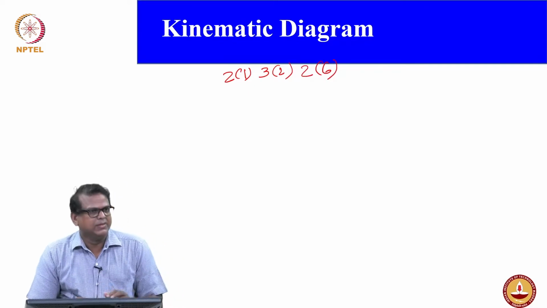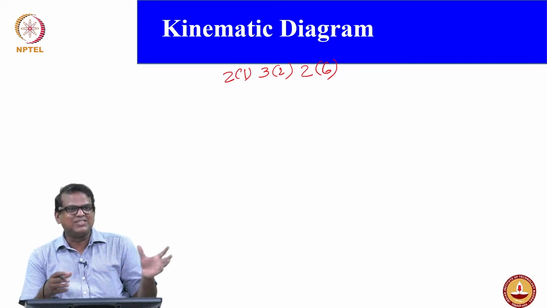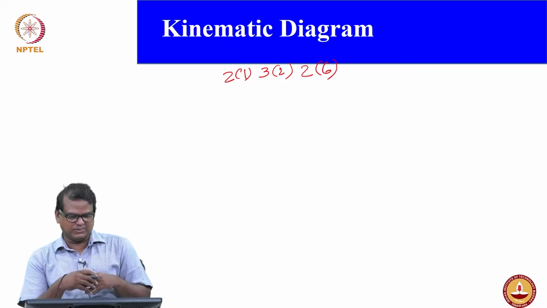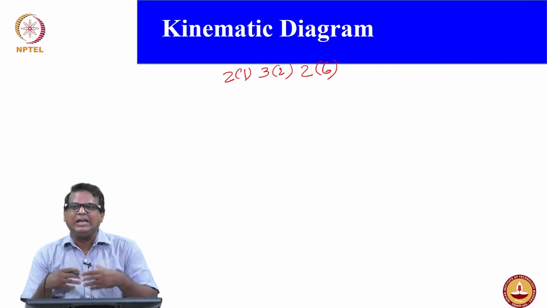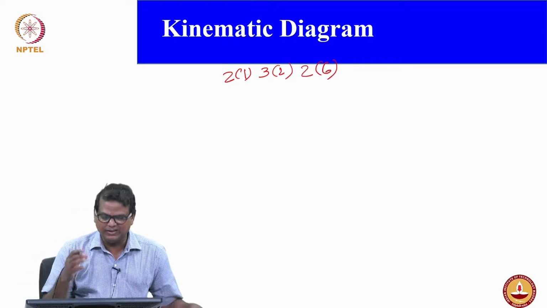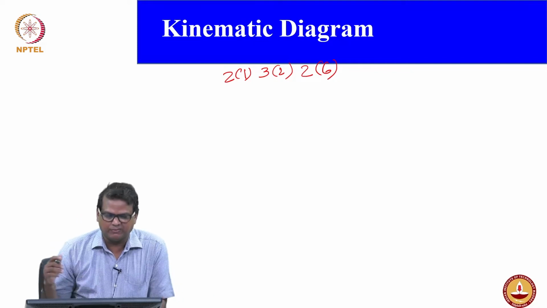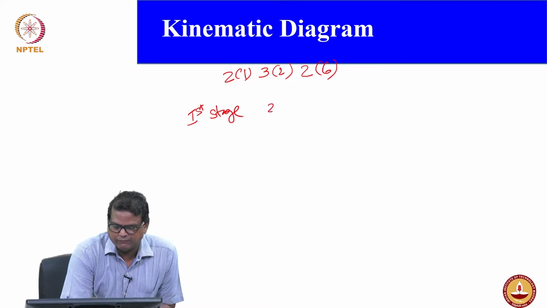The structural formula gives information about the stages and also the speeds. There is one more piece of information: the kinematic diagram indicates the number of gears. The first stage is 2 of 1.